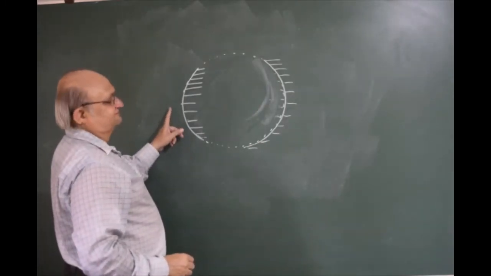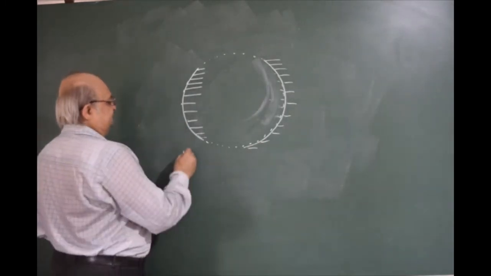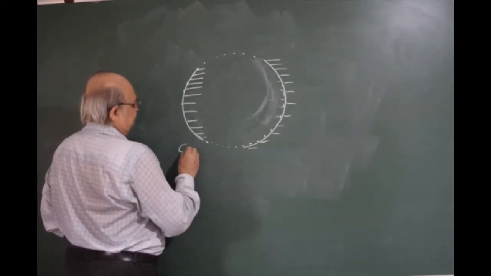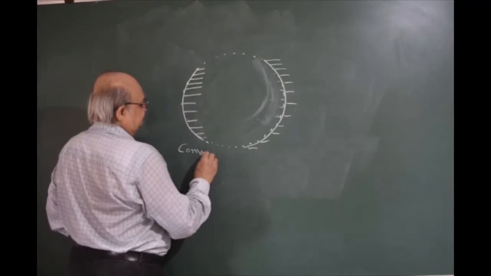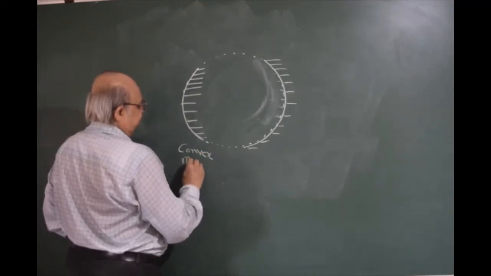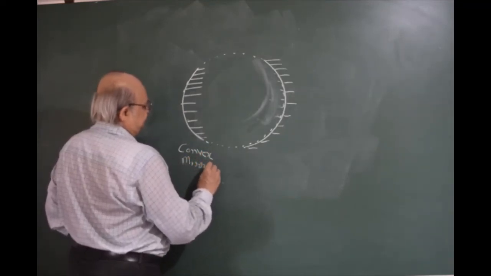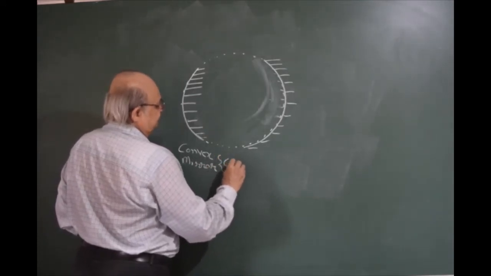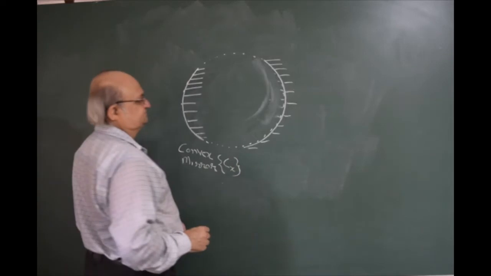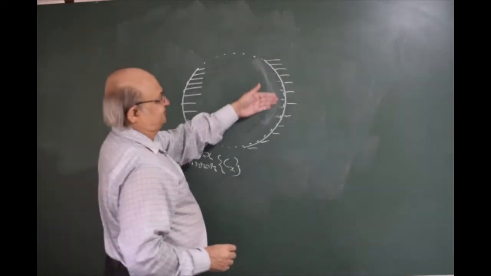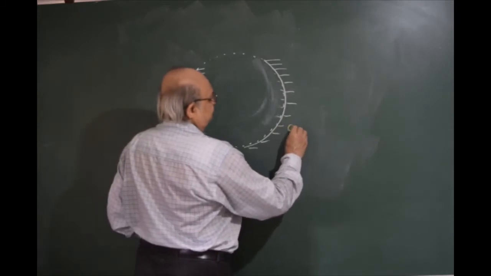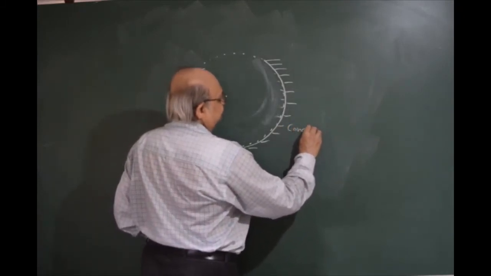When the outer surface is reflective, it is called a convex mirror, and when the inner side is reflective, it is called a concave mirror.